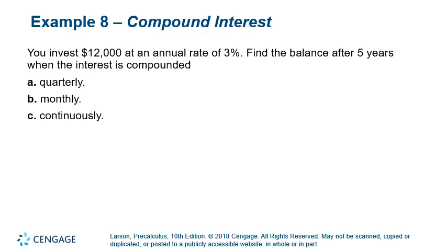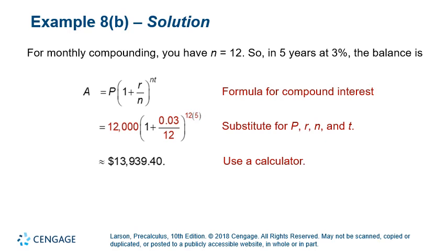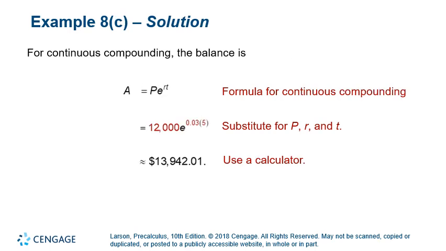And in C, it's continuous. But it's definitely a little bit more. It's about $5 more. But they use the 12. When they do it continuously, this is the biggest amount. You make more the more they apply the interest.